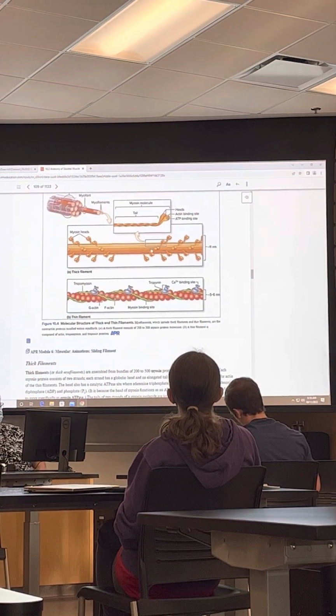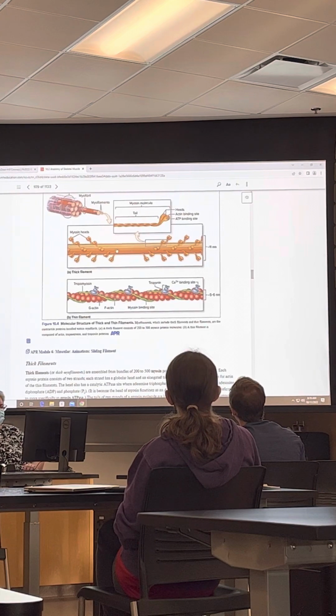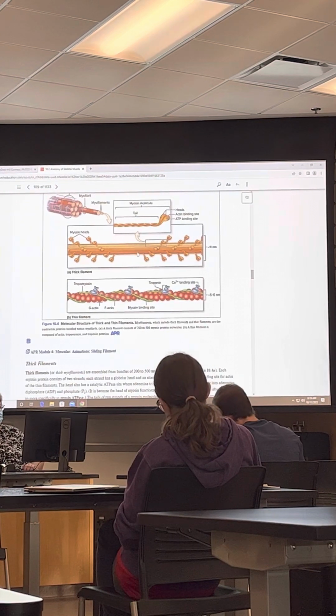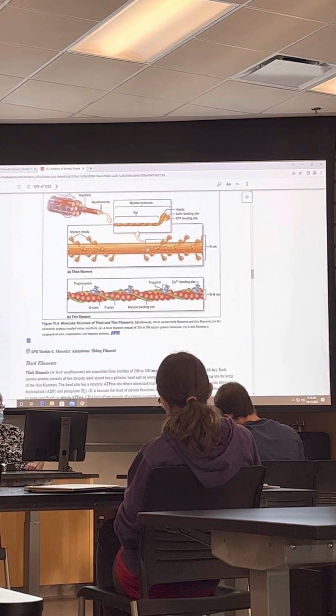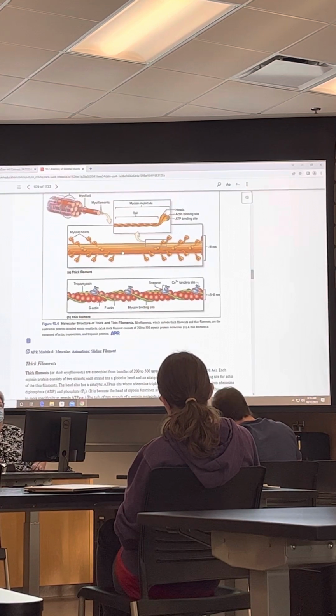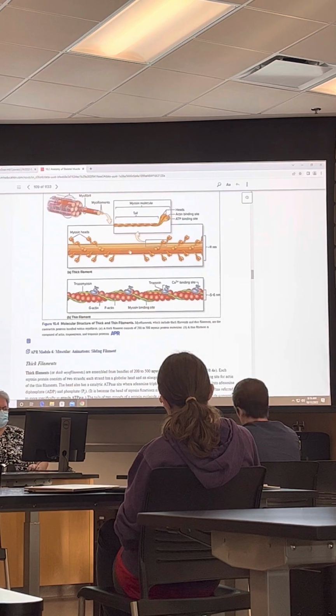And a whole group of them are bunched together and held together here to make our myosin filament. Okay, our myosin filament. And they are specifically arranged, we'll learn today when we talk about the sliding filament, in this manner for muscle contraction.